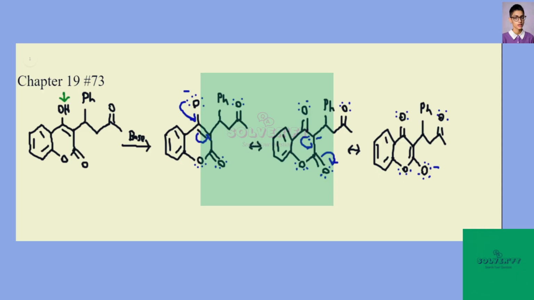So if we were to label these A, B, and C, what you see is that in A and C, we have 1 carbon-oxygen double bond and 1 carbon-oxygen single bond where the oxygen has this negative charge on it.